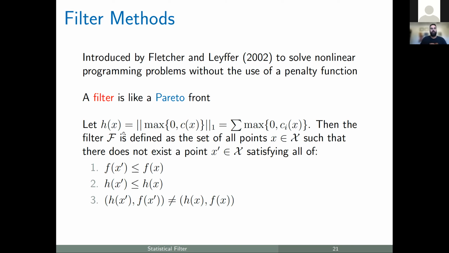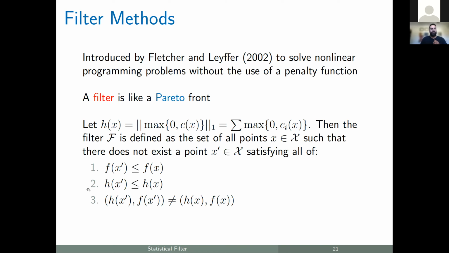And here we're writing h of x as being equal to the maximum of either 0 or each individual constraint. So if this thing is all 0, we've satisfied our constraint. If this thing is any number that's positive, then we've violated the constraint by some amount in some direction. And the filter is going to be defined as the set of all points such that these criteria here are met.